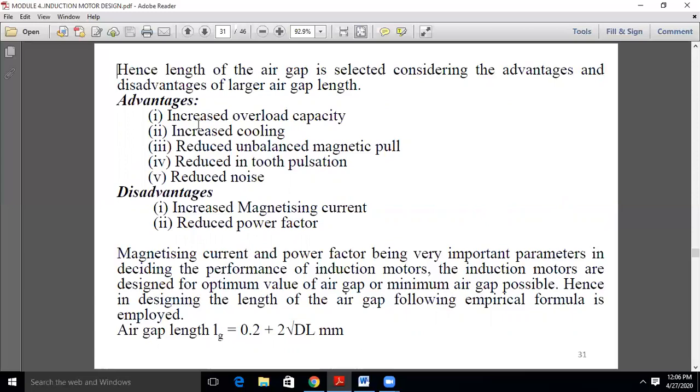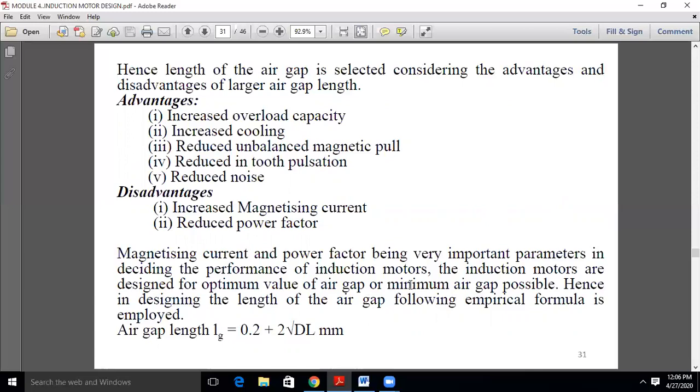The advantages are increased overload capacity, increased cooling, reduced unbalanced magnetic pull, reduced tooth pulsation, and reduced noise. The disadvantages are increased magnetizing current and reduced power factor. Now, the magnetizing current and power factor being very important parameters in the design and performance of induction motors, induction motors are designed for an optimum value of air gap or the minimum air gap possible.